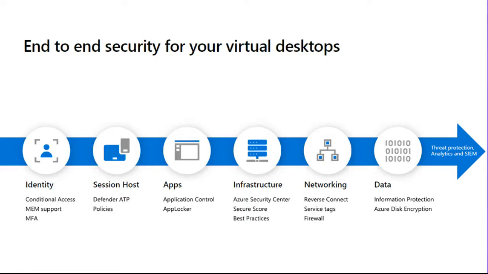At the network layer, there are things like Reverse Connect, which allows you to operate your virtual machines without having to open inbound ports. You can also use things like service tags and Azure Firewall to manage traffic in and out of the deployment at the network layer. And then at the data layer, MIP is a great way to protect data if it leaves your deployment.